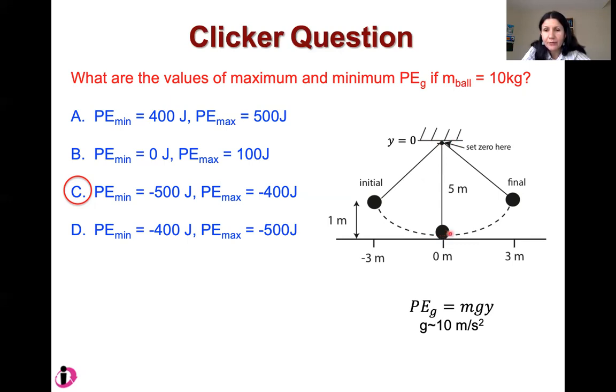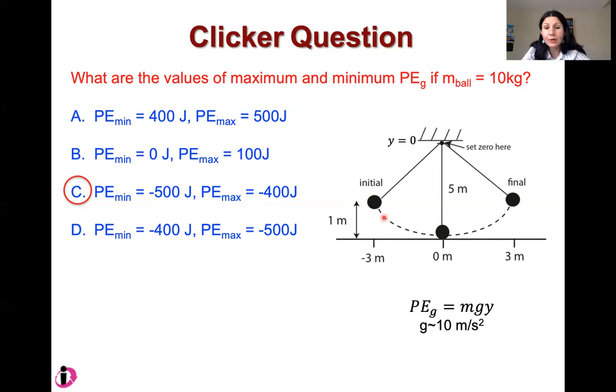Up there before, we said this is 0, but now if up on the ceiling is 0, if we go below 0, we're going in the negative y direction, and there's exactly 5 meters. So this is y equals -5, which we plug in here. m times g is 100, times -5 is minus 500. So the minimum potential energy is -500 joules.